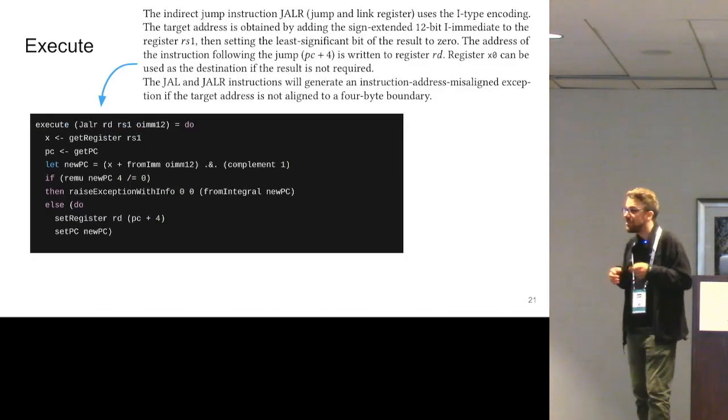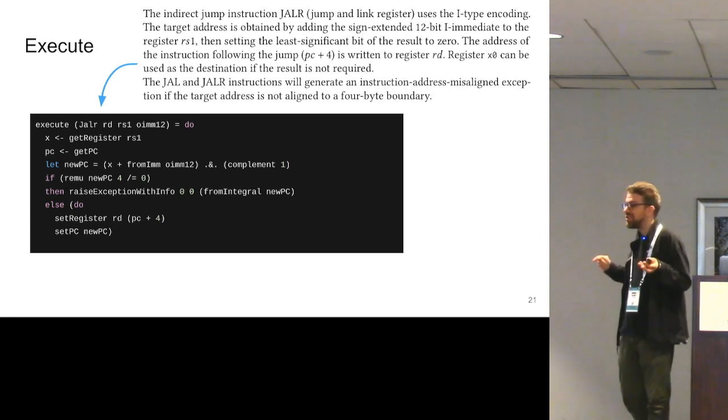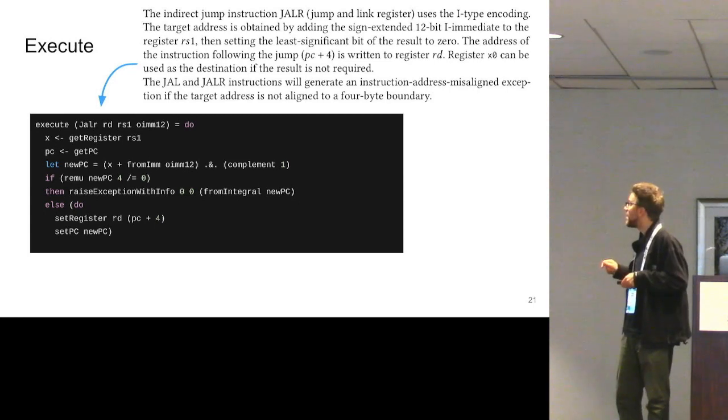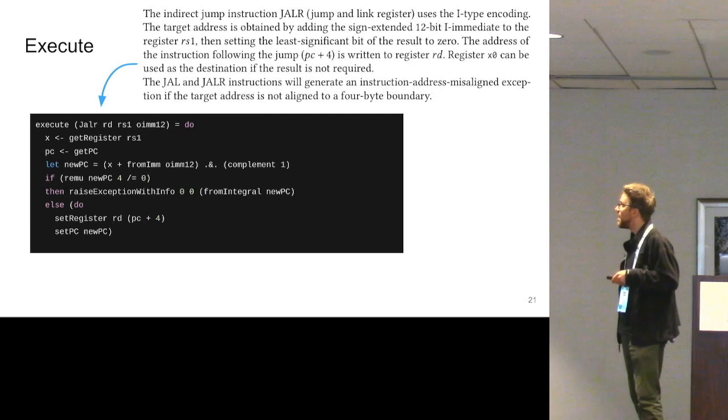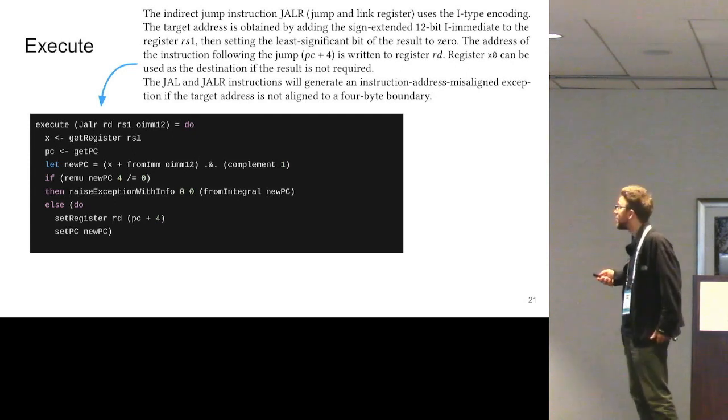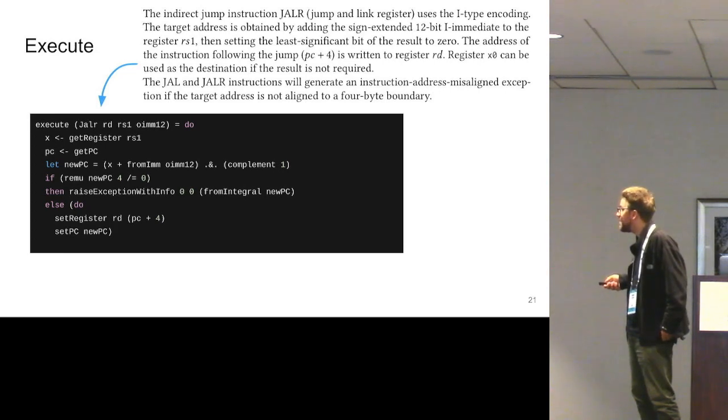And then the other important part of the specification is the execute function. For each instruction, we define what happens if you execute it. As you can see, we expressed it in terms of the primitives that I showed you before: get register, get PC, and set register.